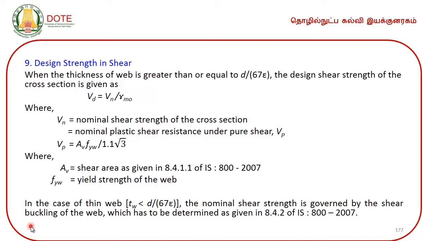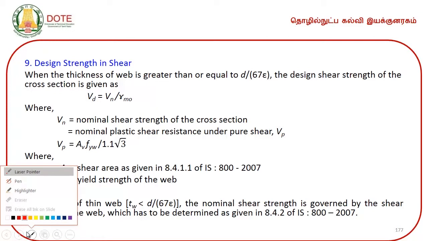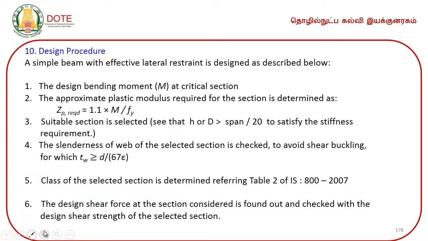In the case of thin web, that is thickness of web less than d by 67 epsilon, the nominal shear strength is given by the shear strength of the web, which has to be determined as given in the code IS 800:2007. And now the design procedure to design a simple steel beam.